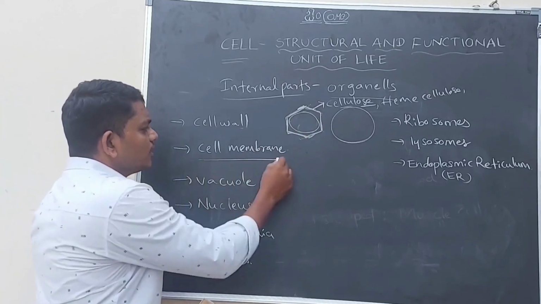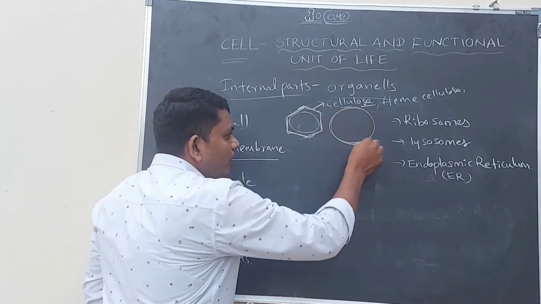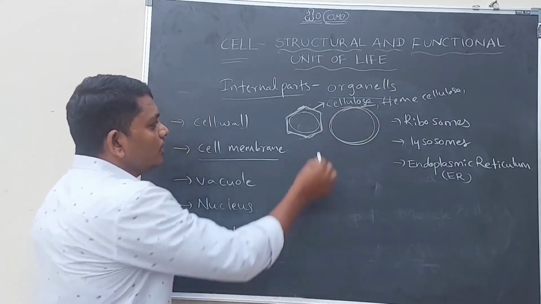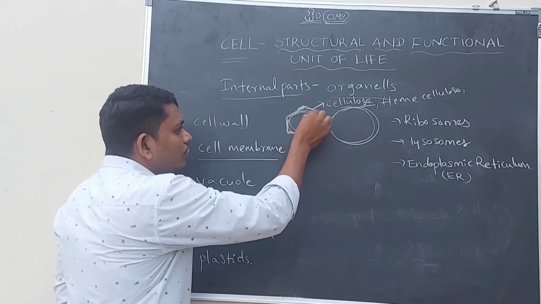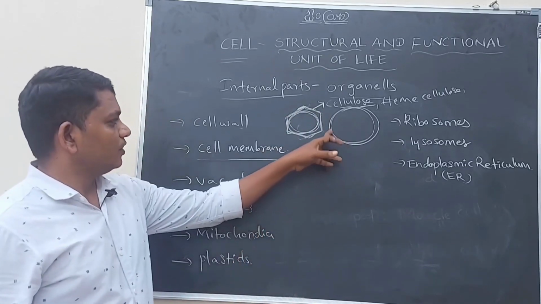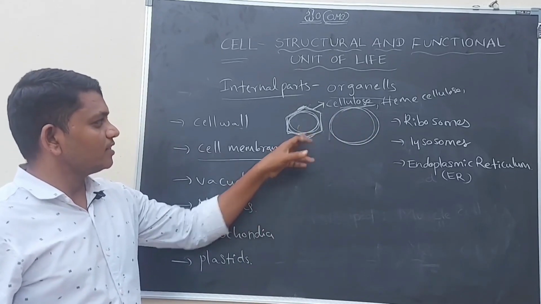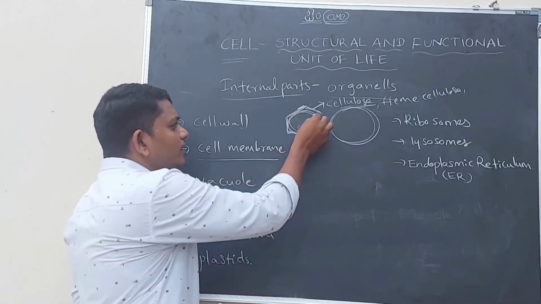And the cell membrane. This is the outermost membrane of the animal cell and secondary outermost membrane of the plant cell. In the animal cell, this is the outermost membrane, primary membrane. In plant cells, cell membrane is the secondary outermost membrane.